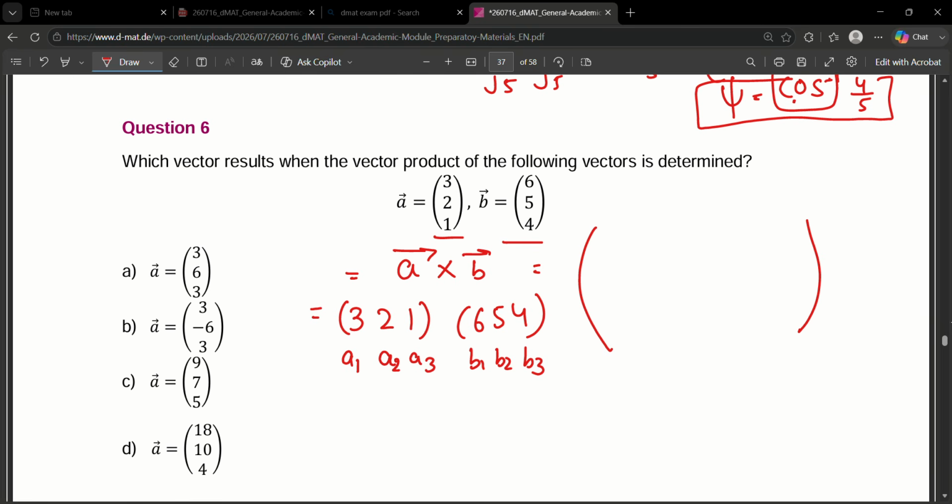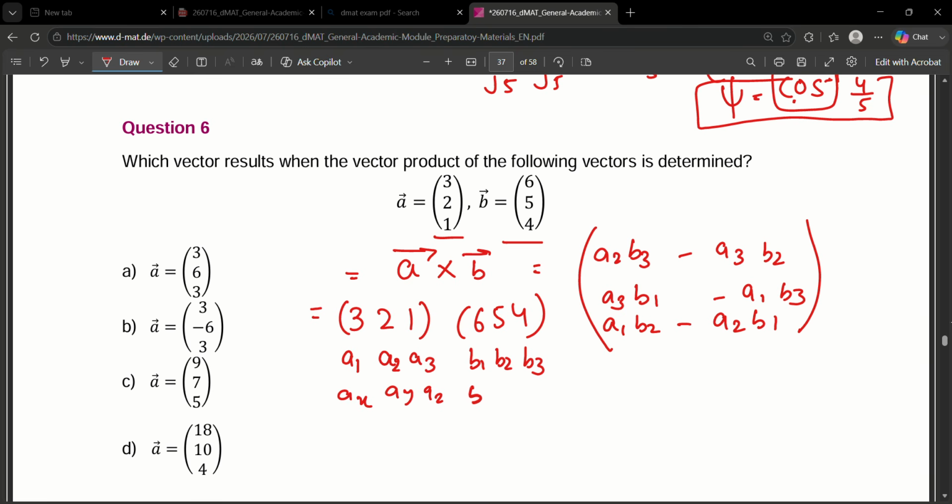Now what you have to do? You just have to start from the bottom, A1 B2 minus A2 B1, and A3 B1 minus A1 B3, A2 B3 minus A3 B2. Start like this, or you can represent it like this as well: AX, AY, AZ, BX, BY, BZ. Now you have to find it.